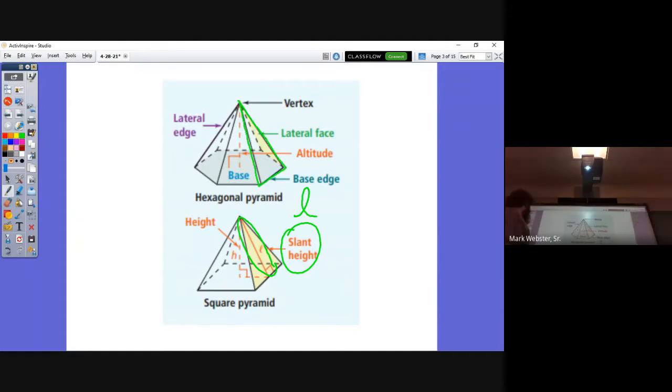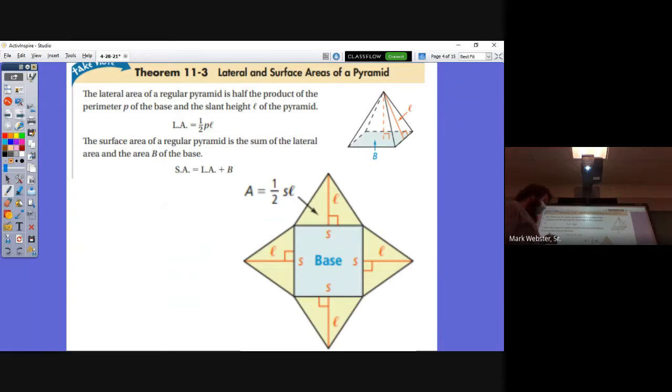Okay? And I will say I really do like this diagram here. It really does help explain what's going on, right? We've got one base, and we've got all these lateral sides. The perimeter of our base covers all the bottoms of all those triangles, right?